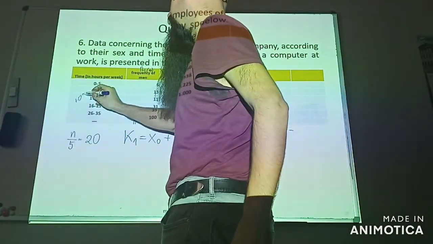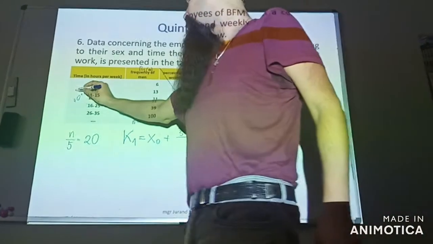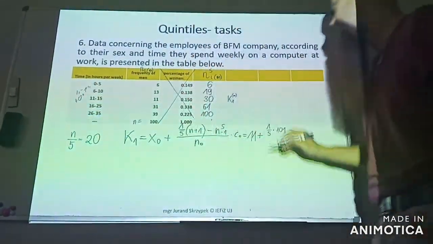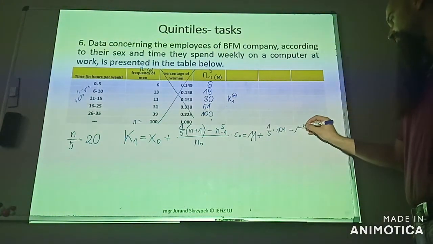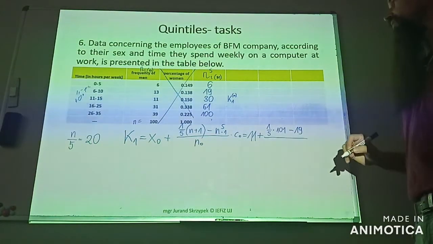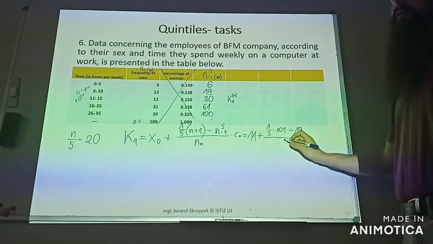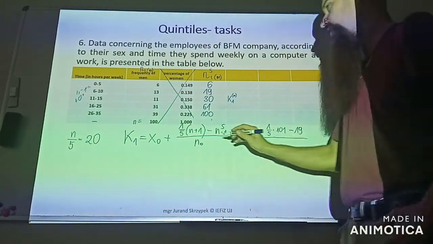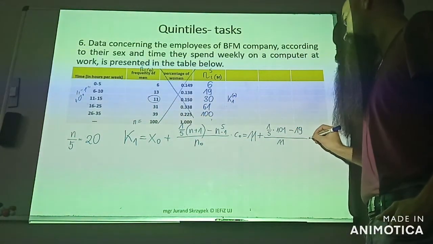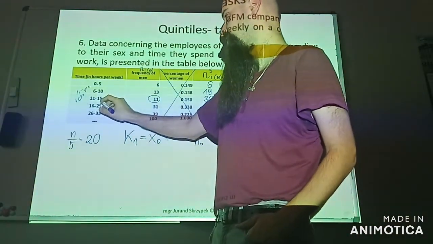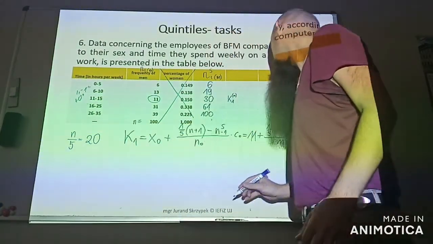I remind you that here we have the 0 level, so here we have the -1 level. The cumulative frequency from the -1 level is 19. This numerator is divided by n0, and n0 here is 11, multiplied by the range of that class, the difference between the upper and the lower bound of the class, 4.